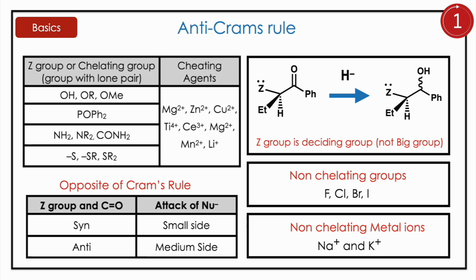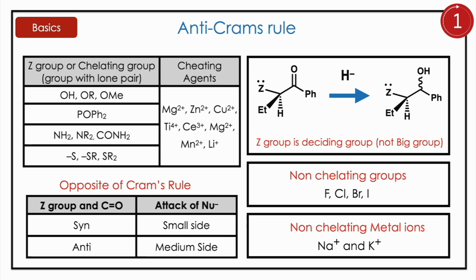The chelating metals are magnesium, zinc, copper, titanium, cerium, manganese, and lithium. So in the basic reaction, you look at where the Z is and where the carbonyl is, and you derive the final product. If the Z group and C=O are syn, the nucleophile attacks the small side. If they are anti, the nucleophile attacks the medium side.